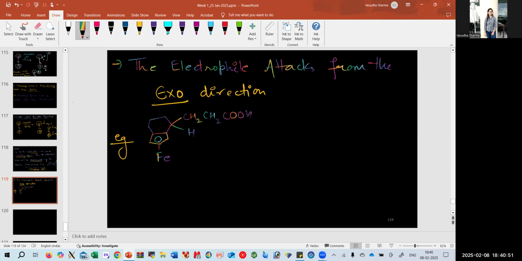So this is one possibility. I'm making the bond like it is at the back side. And this is your exo position. This one is your exo position.